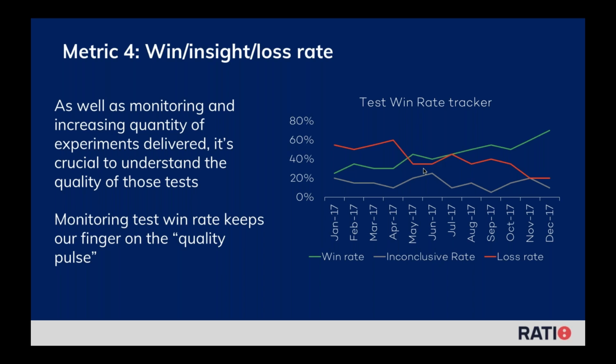It's pretty self-explanatory, but ideally, you see that your win rate is increasing because you're doing better research, your hypotheses are better founded in evidence or what have you, and that over time your loss rate is decreasing as well.